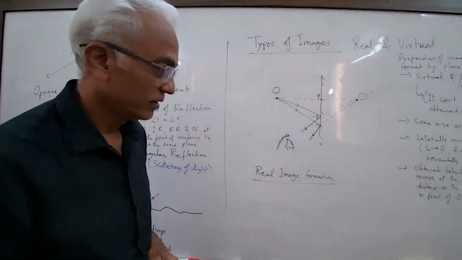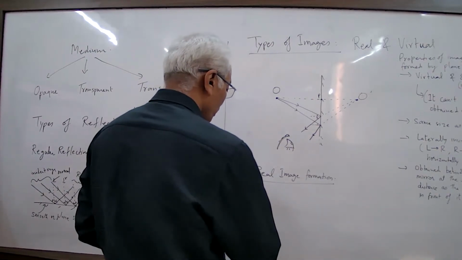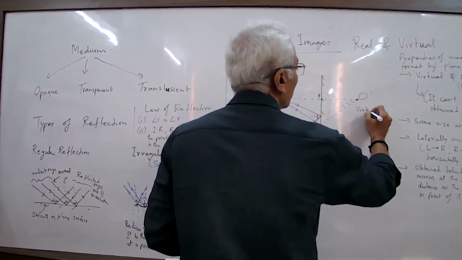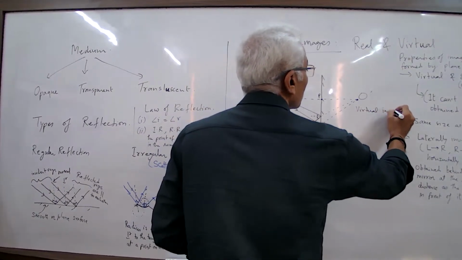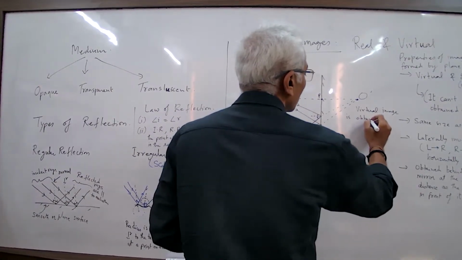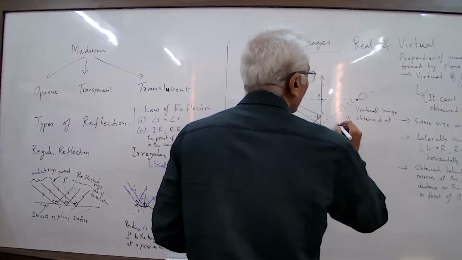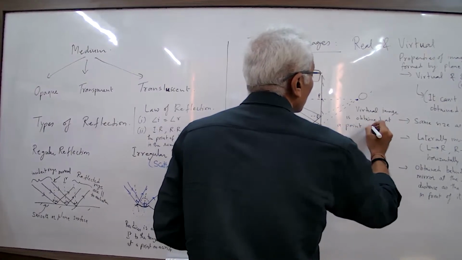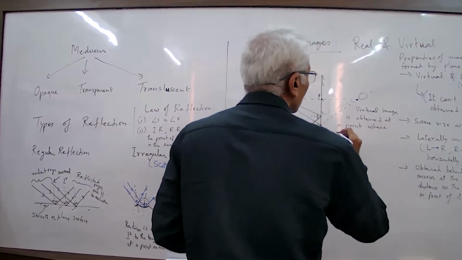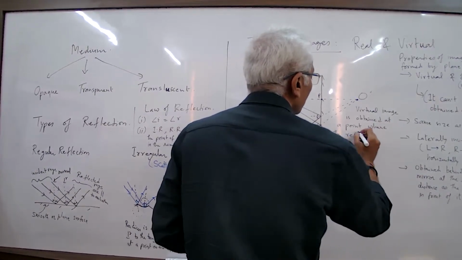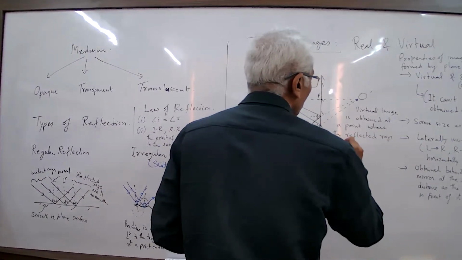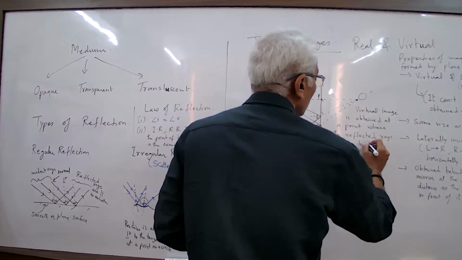Yes. First of all, how it is obtained, just like a virtual image. These are the nitty-gritties that you should understand. A virtual image is obtained at a point where the reflected rays appear to diverge from.